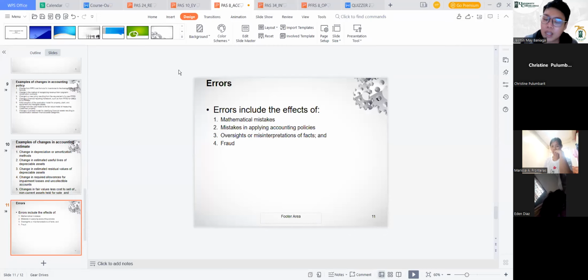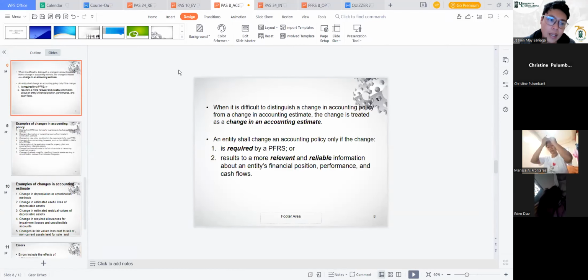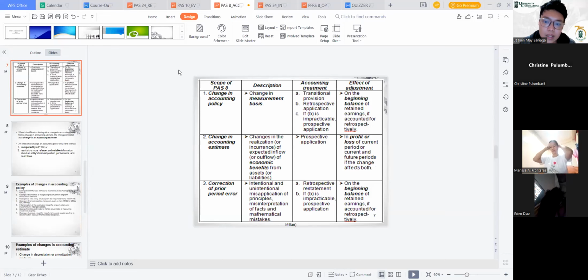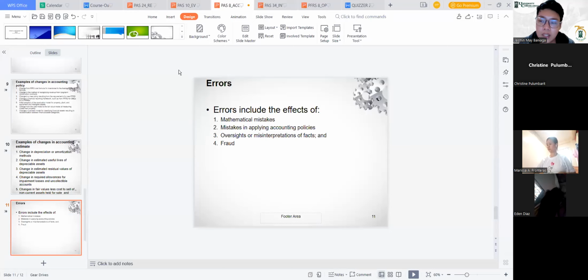But basically, if there are errors and frauds that resulted in a financial statement that was not fairly stated or reported, errors or frauds should be reflected, like a change in accounting policy a while ago, diba? Retrospective application. Ayan, yung kanina, to errors, retrospective applications. Ayan, mathematical errors, ayan, 10,000, 1,000 lang na-disclose or na-report or the rest.